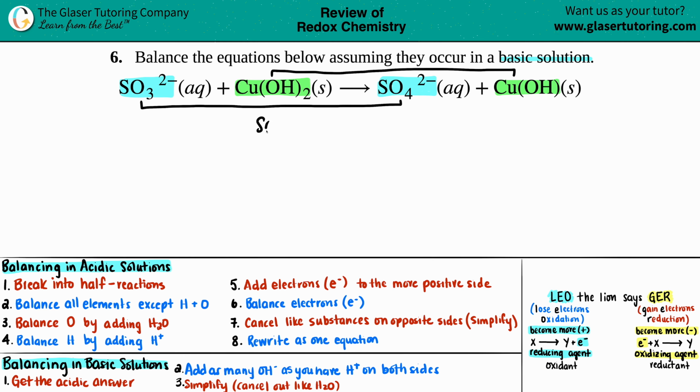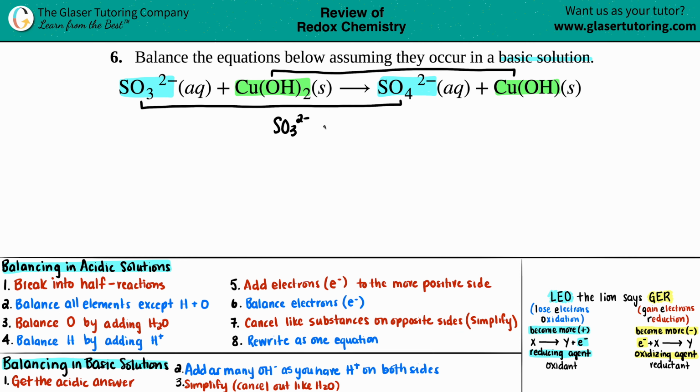So we have SO3 2-. Now, in terms of states, this sulfite is aqueous, but for balancing purposes, I do not care. When you're doing your work, just make it as easy as possible. Don't even worry about these. Once we get the answer at the end, we'll make sure we put these in with their appropriate substance.